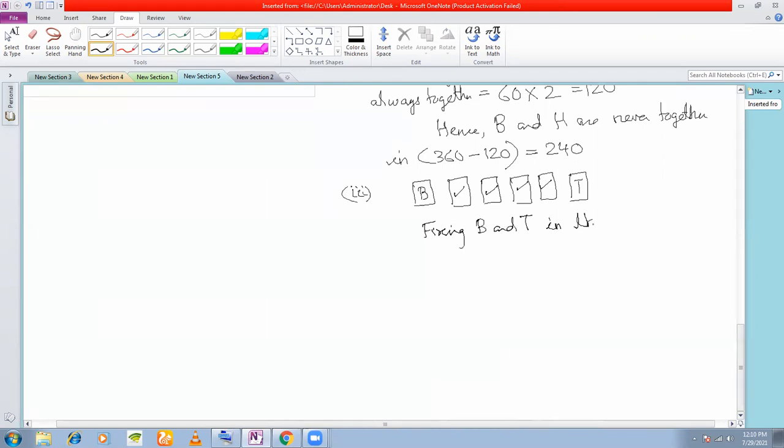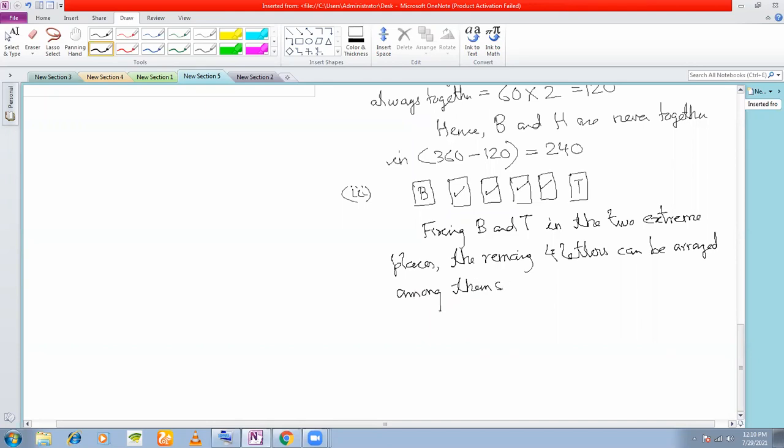So fixing B and T in the 2 extreme places, the remaining 4 letters can be arranged among themselves in how many ways?